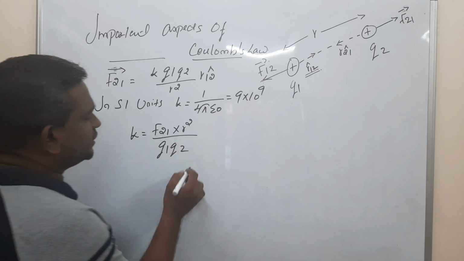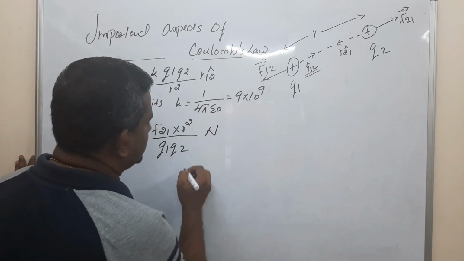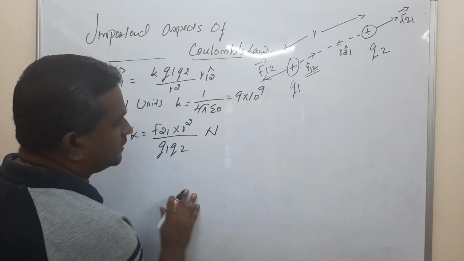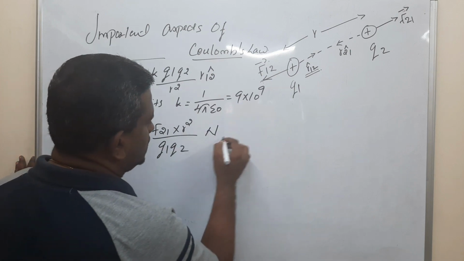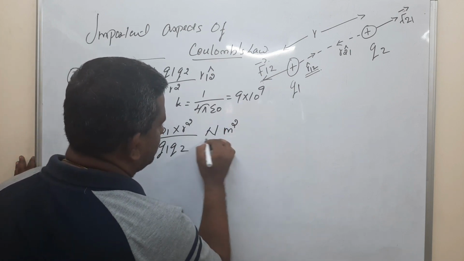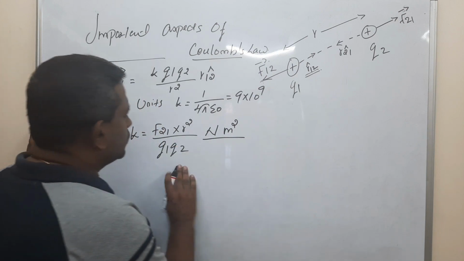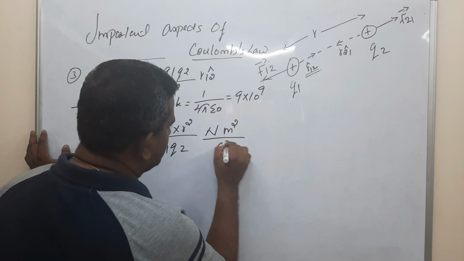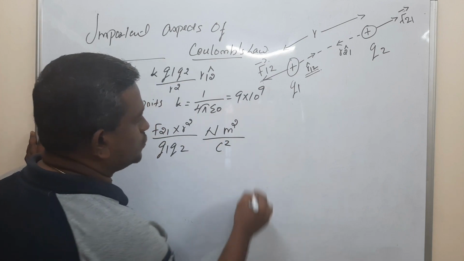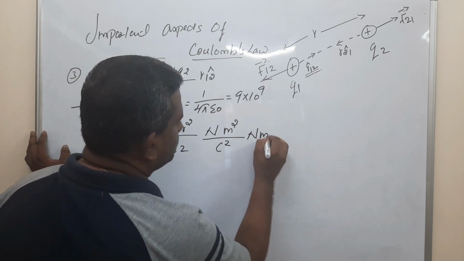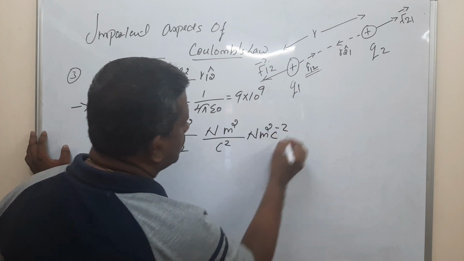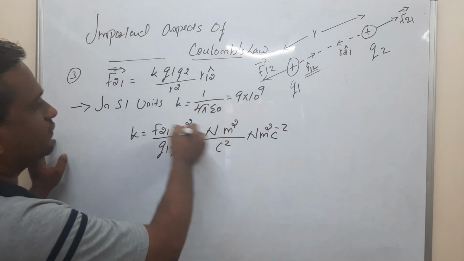So what is the unit of force? That is Newton. What is the unit of r? That is distance, meter, so r square is meter square. What is the unit of q? Charge, that is Coulomb, so Coulomb into Coulomb is Coulomb square. So Newton meter square per Coulomb square is the unit of k.